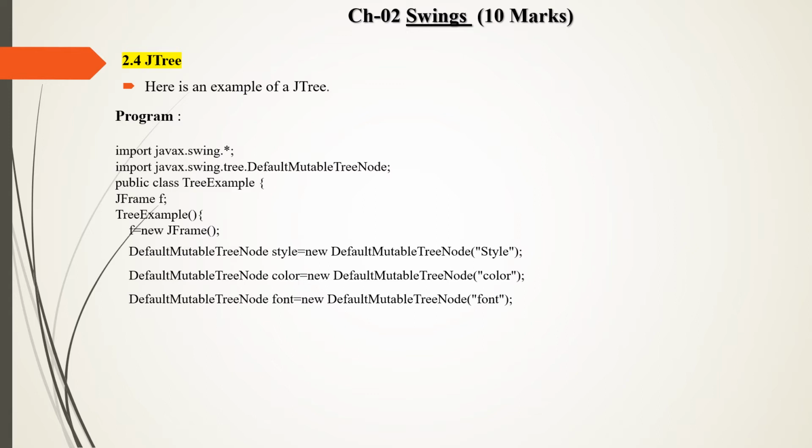This is displayed in the tree, and these are the objects. So we can also use different names for objects and strings. Then these two nodes, color and font, are the subnodes of style.